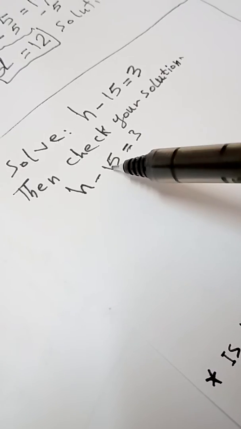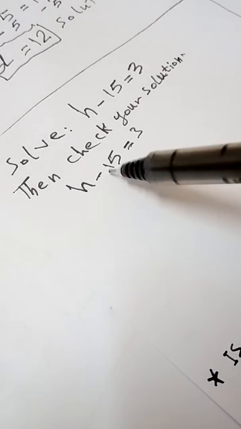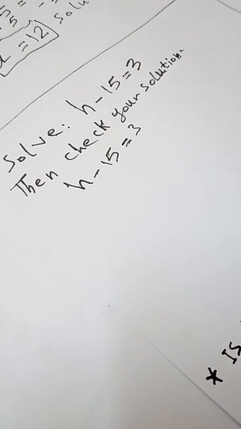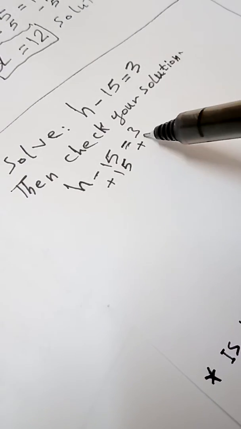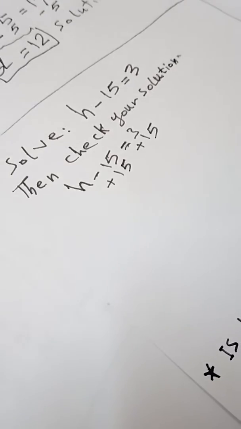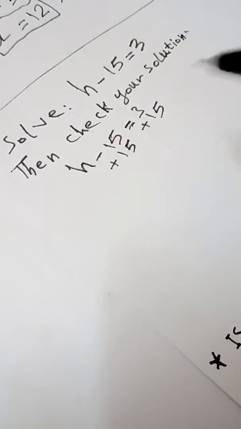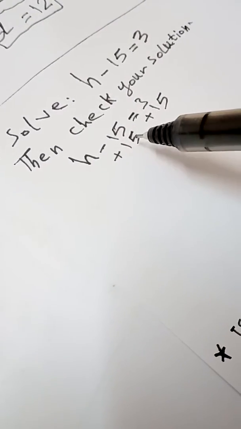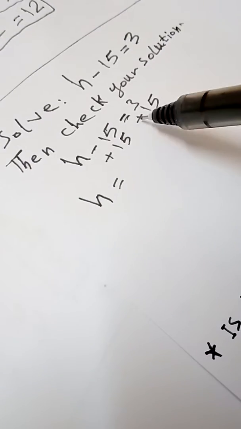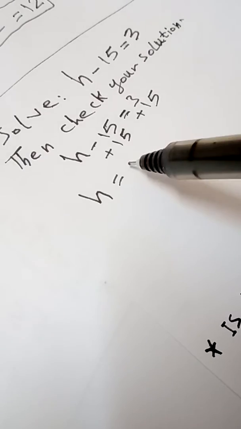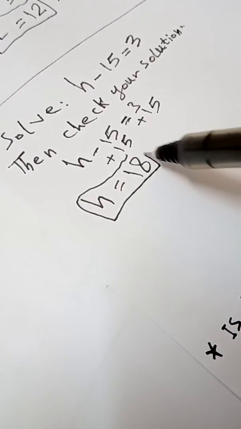So try to cancel minus 15. The sign is minus, so add the opposite number, plus 15. Plus 15 here, plus 15 here. Now minus 15 plus 15 will be 0. Remains here h. And here 3 plus 15 will be 18. So the solution now: h equals 18.